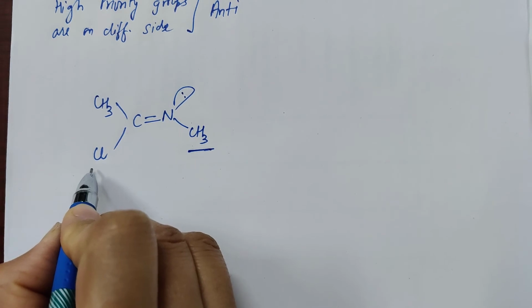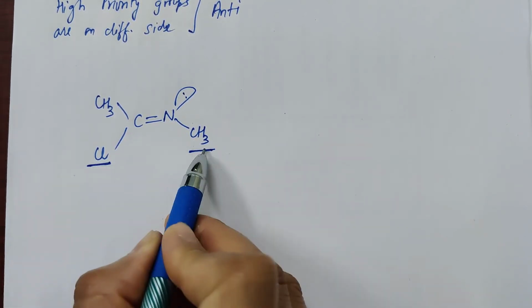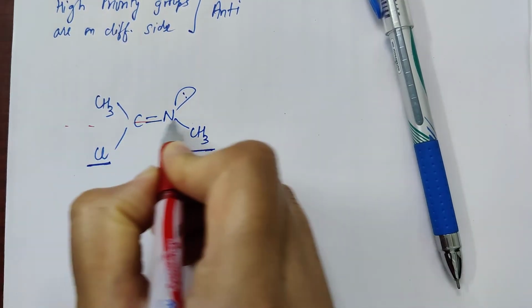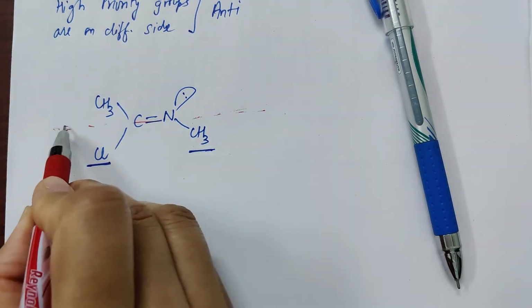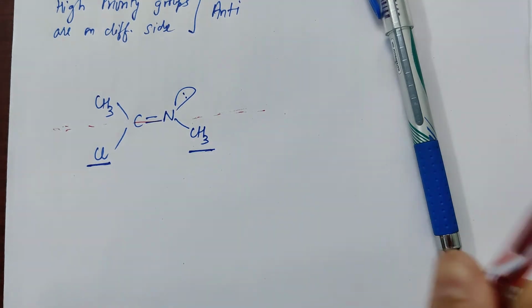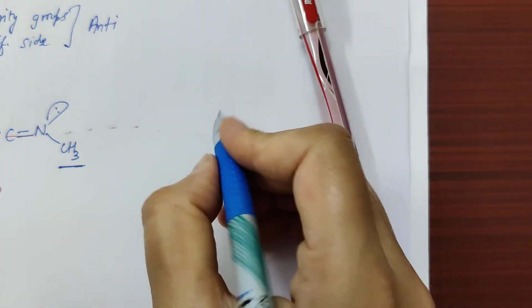On the left hand side, your chlorine is high priority. So both the high priority groups are on the same side of the double bond. This is the double bond. So this is Syn.